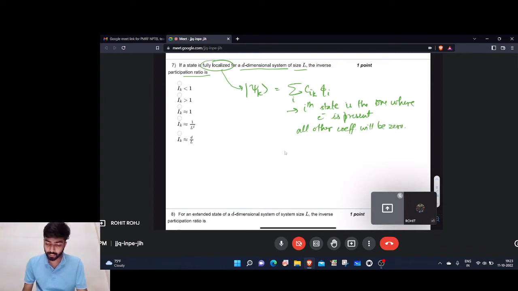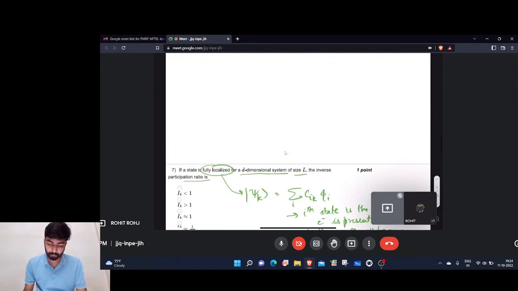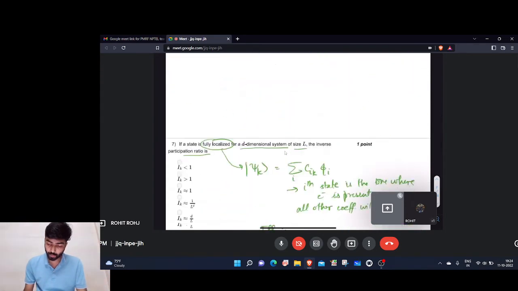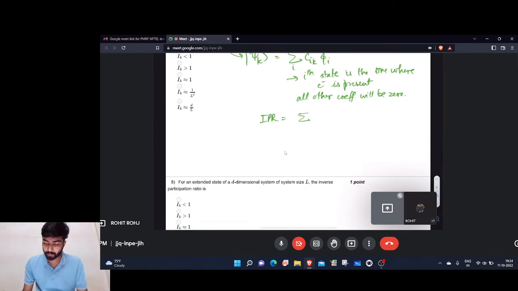So in that case, inverse participation ratio IPR would be summation C I K raised to power 4, divided by summation C I K mod square.